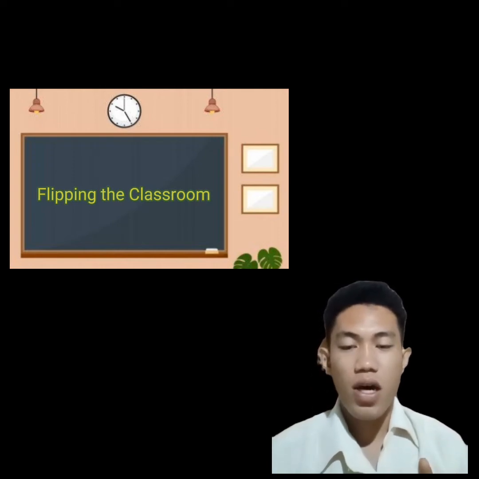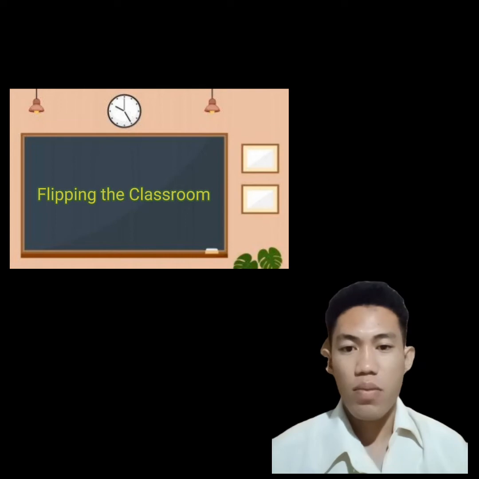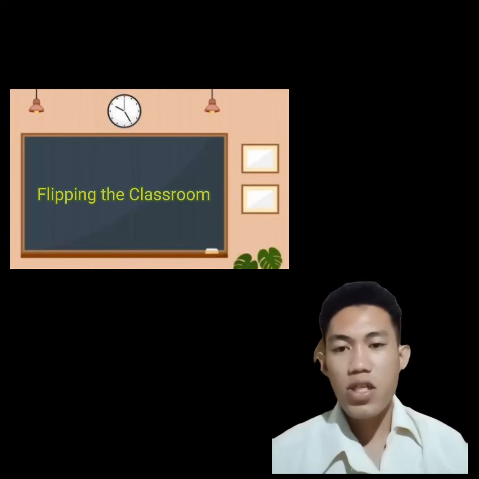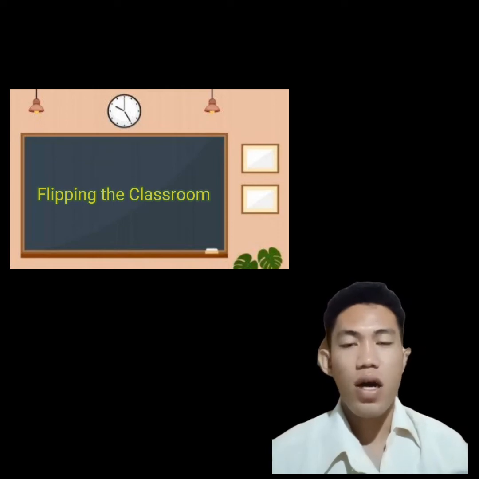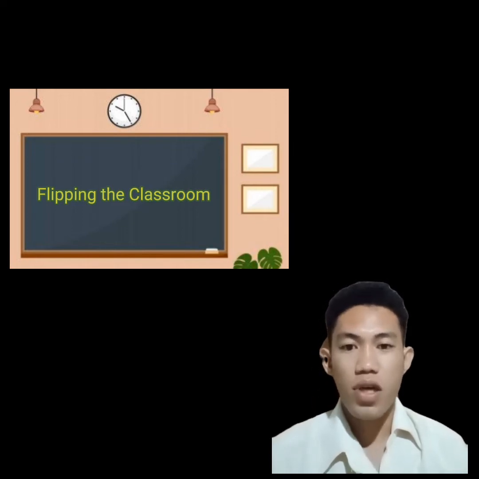So flipping the classroom, for example, the teacher talks about a certain topic in the course, and then gives them assignments to answer and explore more about the subject, and gain more learning and information with the help of peers and the internet. So flipping the classroom is not just about lecture, but they are also engaged in the lesson itself, enabling them to learn.